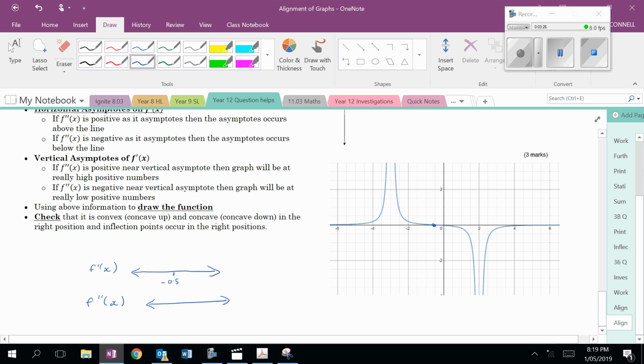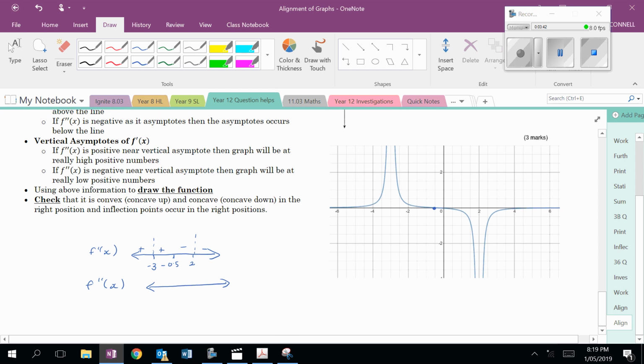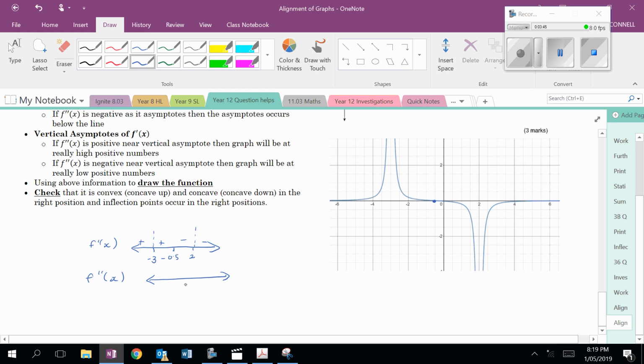And then, okay, so to the left of minus a half, well, it's got a vertical asymptote at minus 3. And on both sides of that, it's going to be positive. And then it's also got a vertical asymptote at 2, and on both sides of that, it's going to be negative. Now the second derivative, where we look for where it's increasing and decreasing. Second derivative, well, there's no stationary point, so there's no 0, but there will be a vertical asymptote at minus 3 and 2.